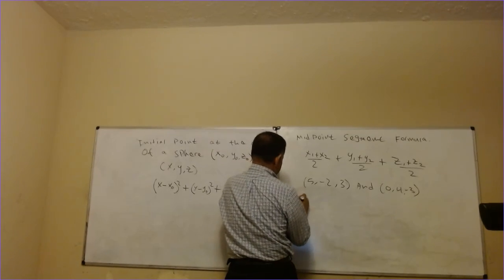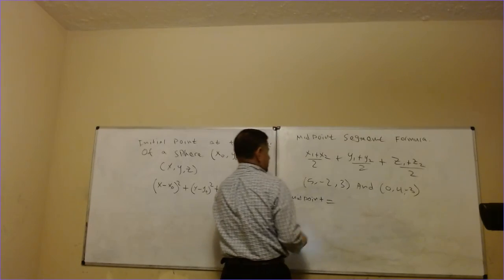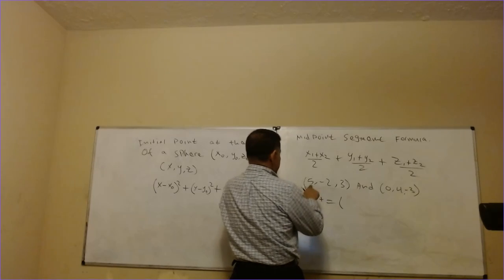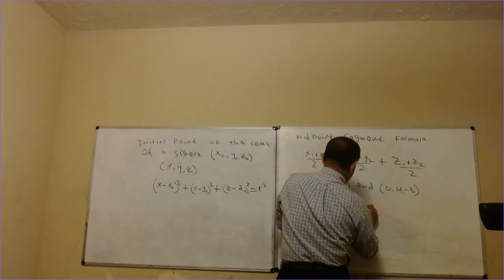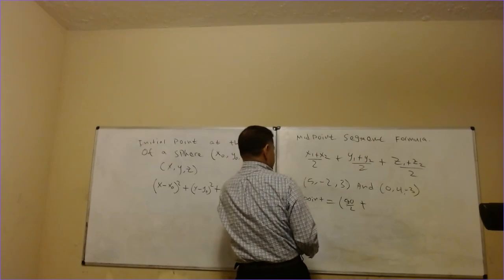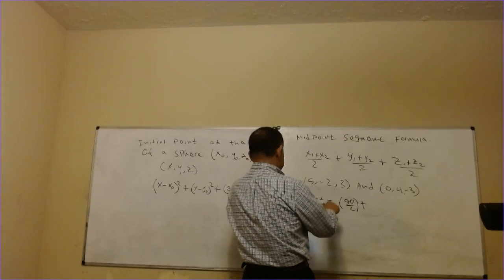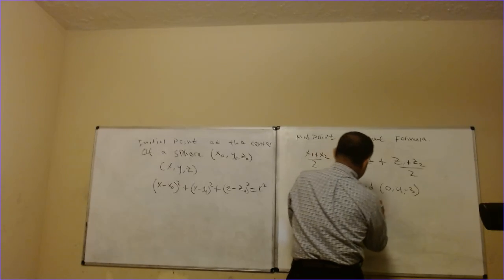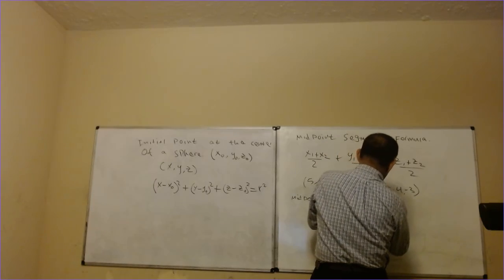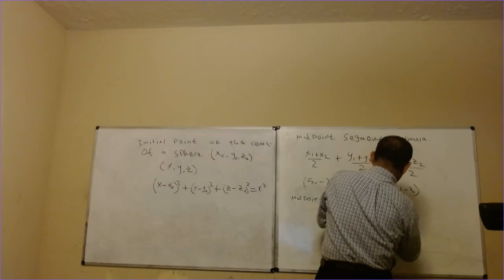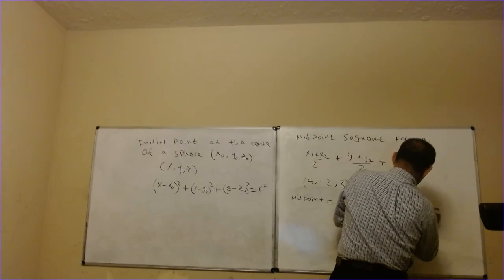So the midpoint is equal to 5 plus 0 over 2, then negative 2 plus 4 over 2, then 3 minus 3 over 2.